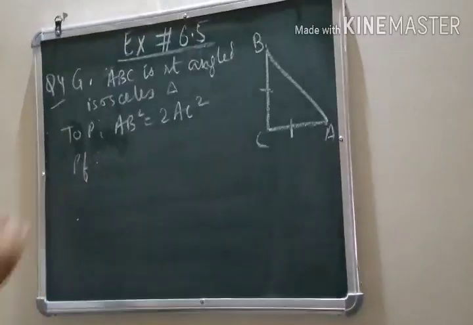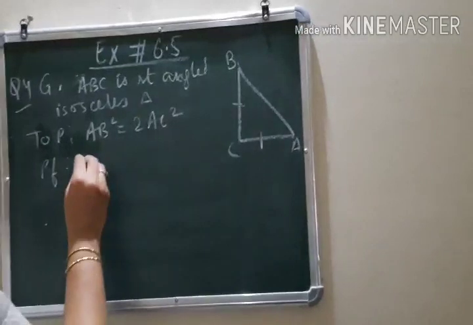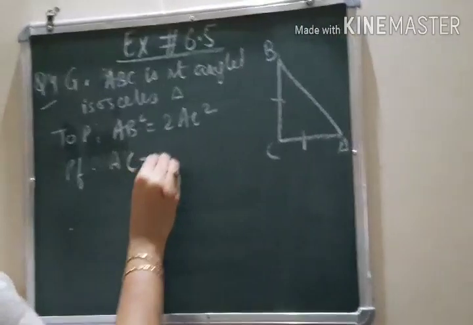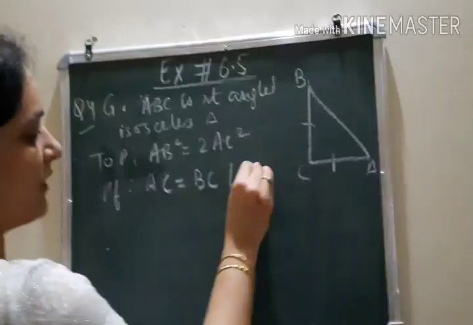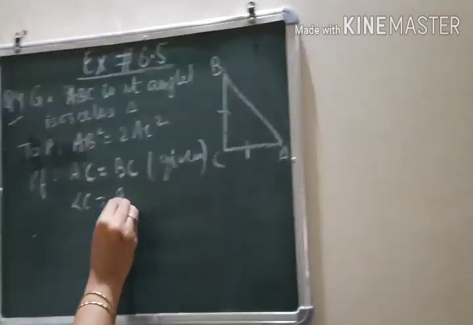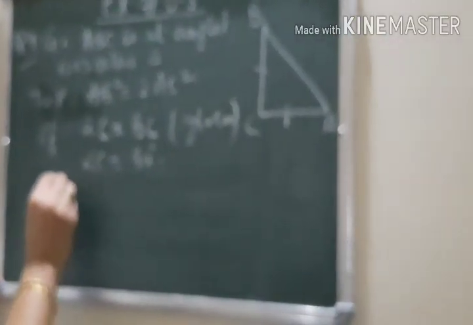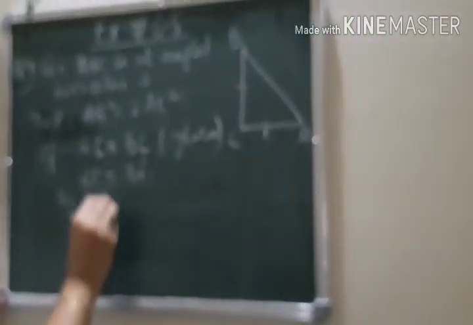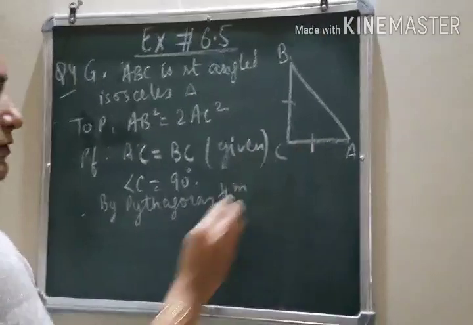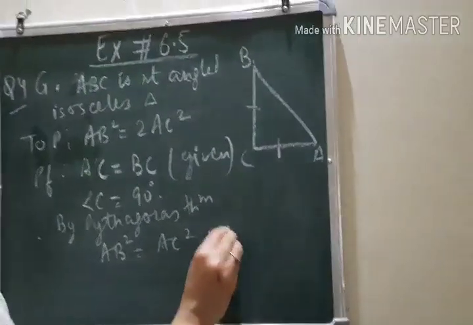How will you do that? Very easy question. Now as ABC is a right angled triangle and it is isosceles, AC is equal to BC. This is given in the question because it is isosceles. Also, angle C is given as 90 degrees. Now, as angle C is 90 degrees, you can apply the Pythagoras theorem. So, by the Pythagoras theorem, you can write that AB square, because AB is the hypotenuse, is equal to AC square plus BC square.